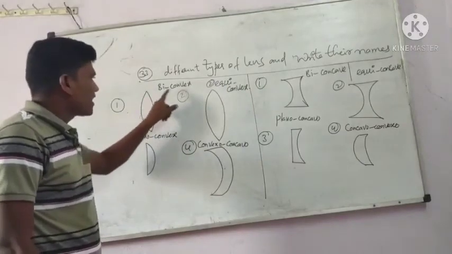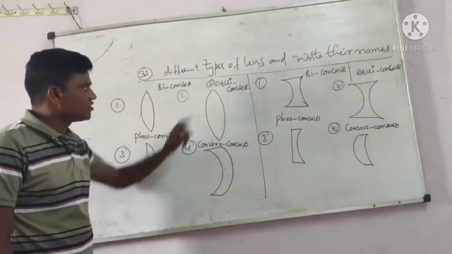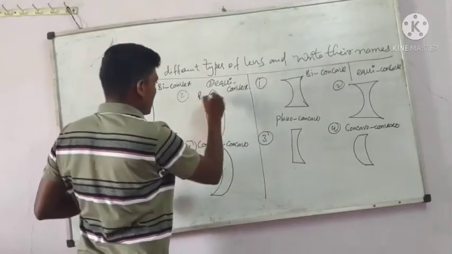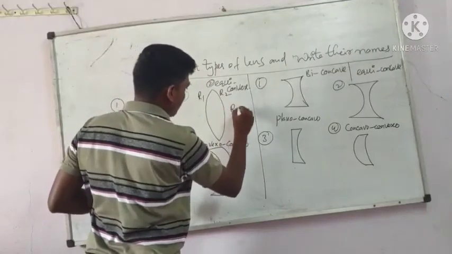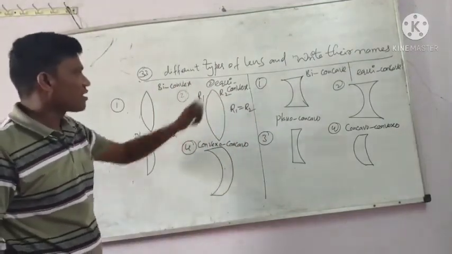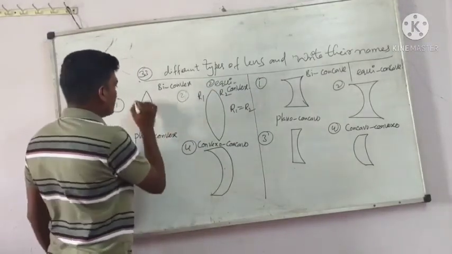Convex: biconvex, equiconvex. What is the difference? Equiconvex means the two radii of curvature are equal, R1 is equal to R2. That type of convex lens we call an equiconvex lens.